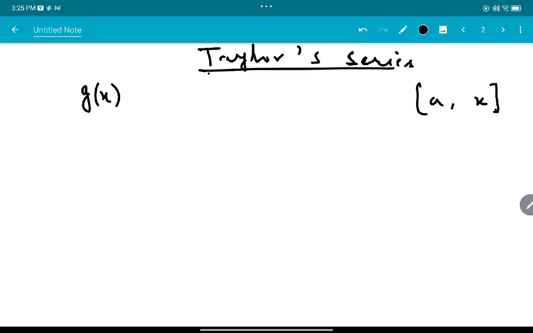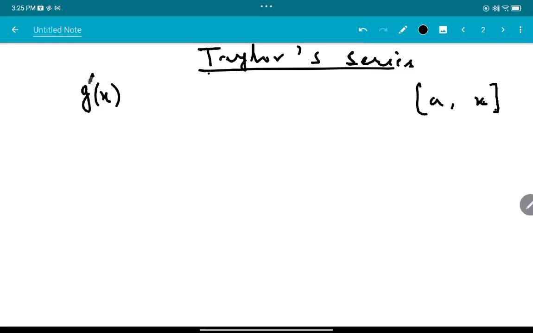That will be our requirement. But for the present, it should be at least once differentiable, that is, its first derivative should be defined in this interval.